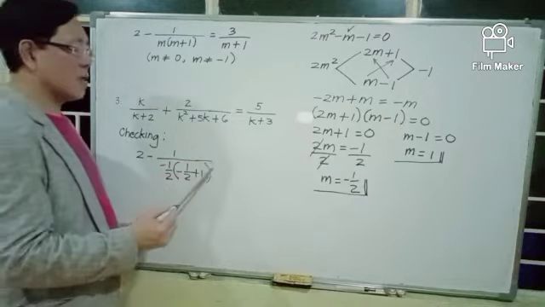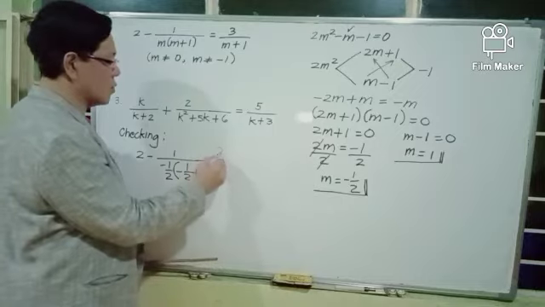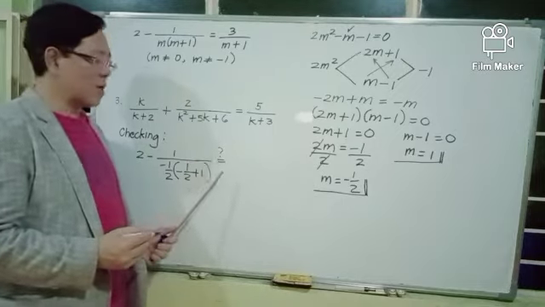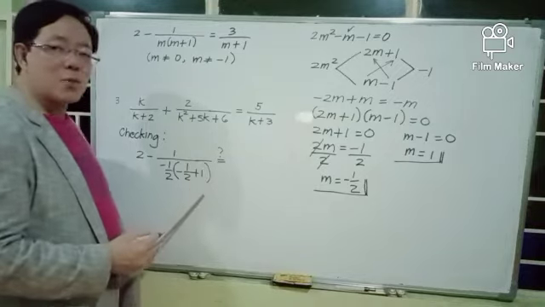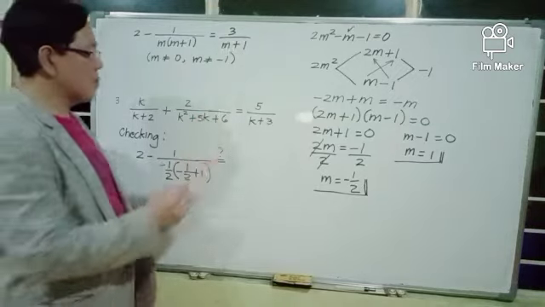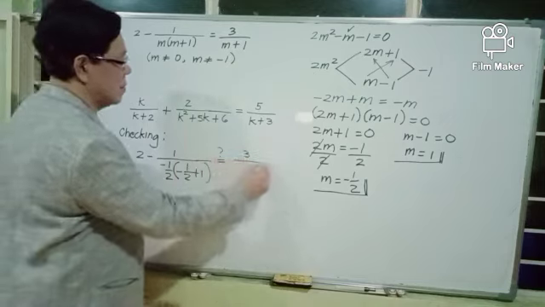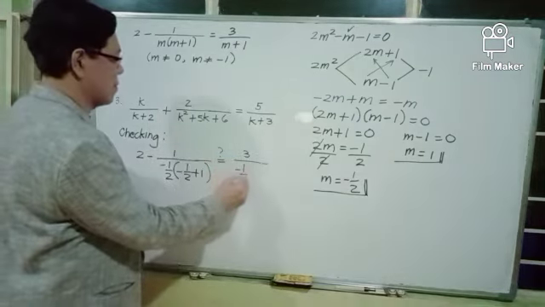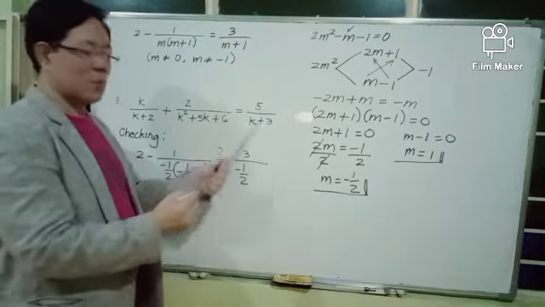Initially we write a question mark above the equal sign. We want to check if this quantity is equal to 3 over m, negative 1/2, plus 1.